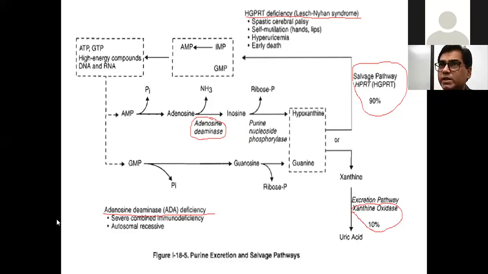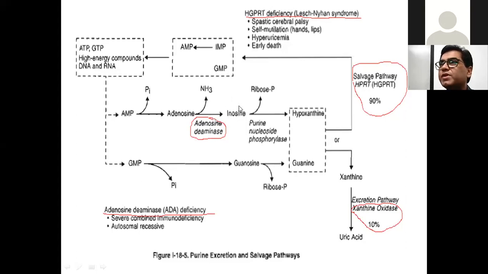As you can see that what's happening here, if from the structure of AMP, one inorganic phosphate is removed, अगर इसमें से एक inorganic phosphate निकल जाएगा तो ये रह जाएगा adenosine. और adenosine में से अभी हमने पिछले स्लाइड में देखा है कि adenosine deaminase ने इसका अमाइन ग्रुप निकाल दिया in the form of NH3.